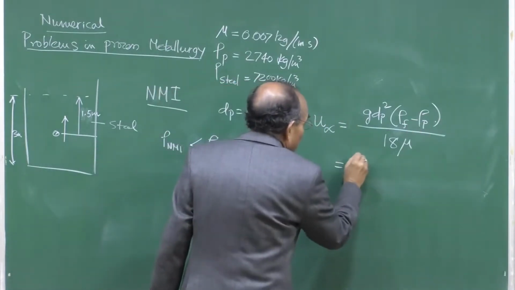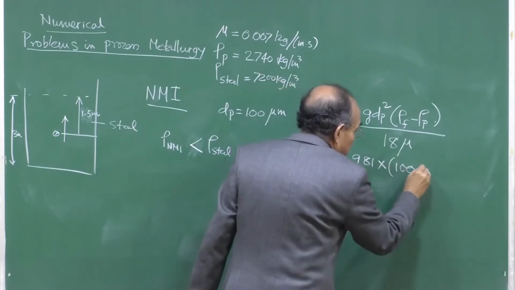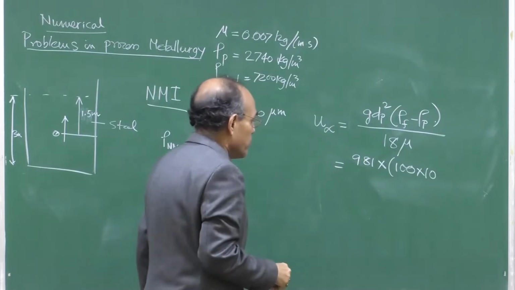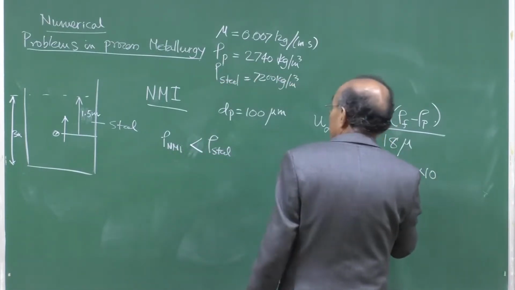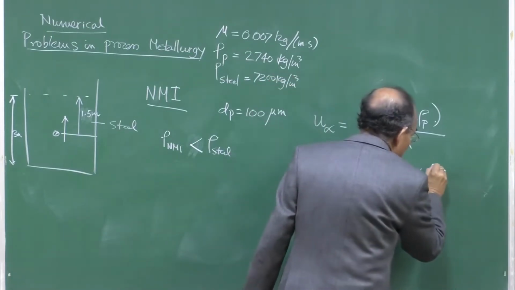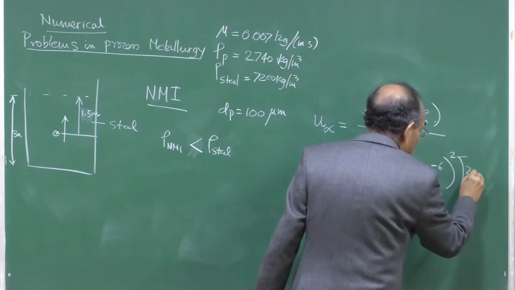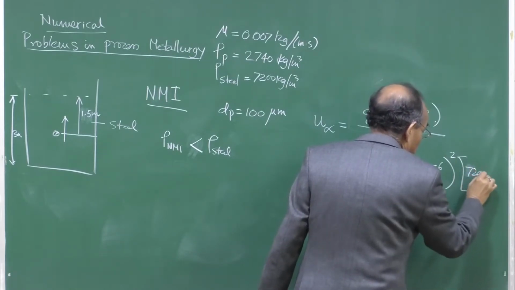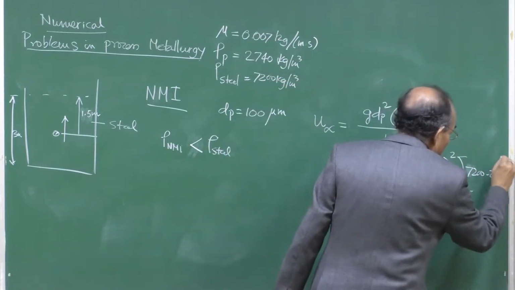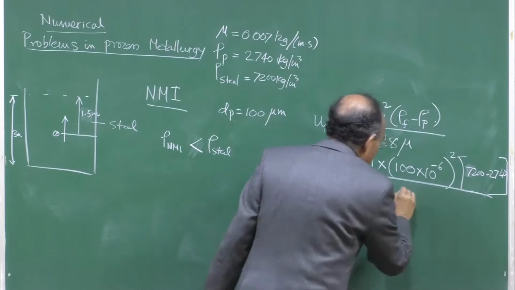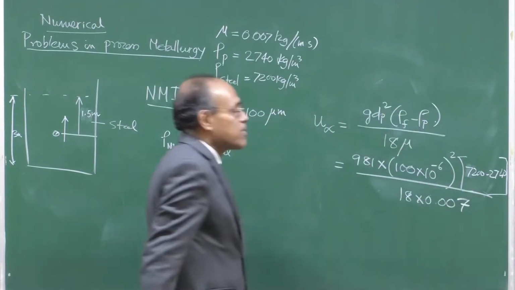We will substitute the value of 9.81, and the diameter is 100 micron, which we will put in meters. Micrometer means 10 to the power minus 6, raised to the power 2, and then 7200 minus 2740, divided by 18 into 0.007. That is what it is.